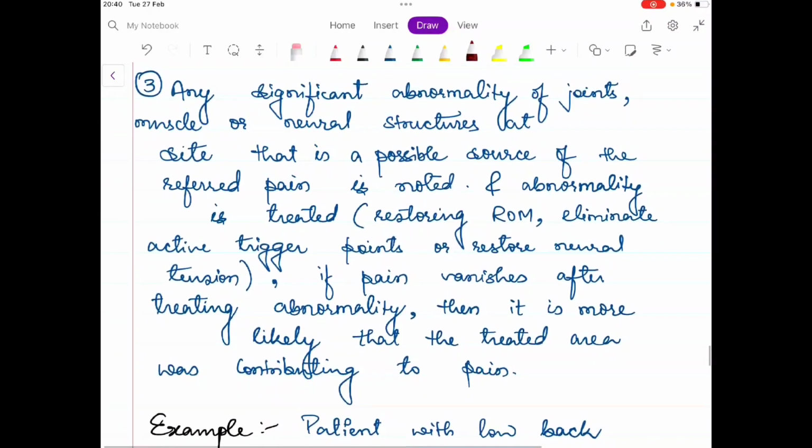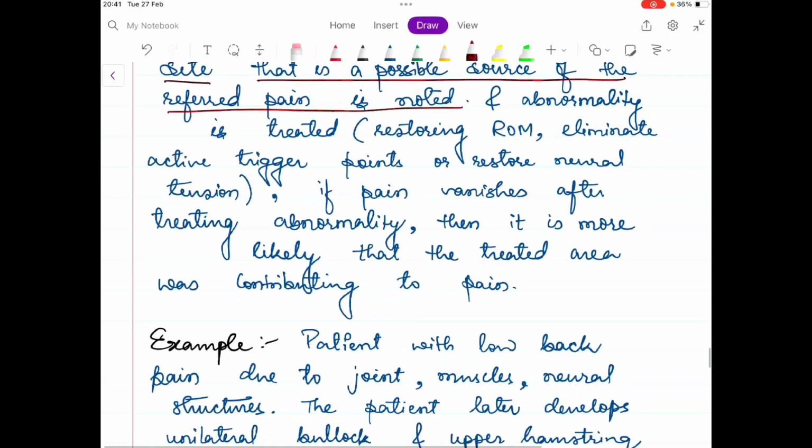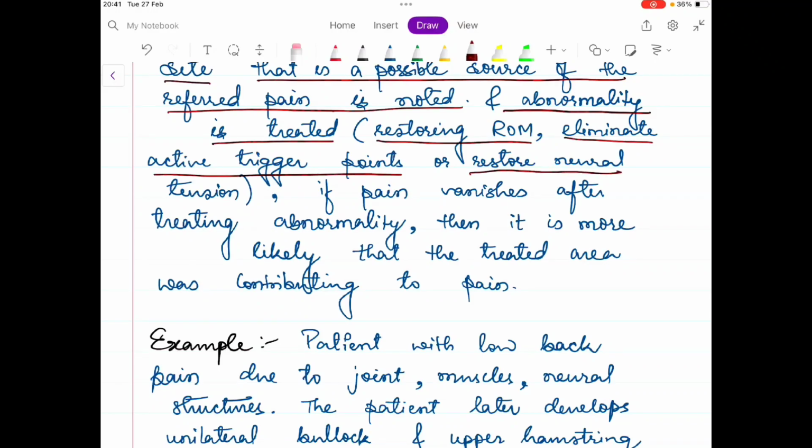Okay, third point, any significant abnormality of the joints, muscle or neural structures at the site that is a possible source of the referred pain is noted down. All right, and the abnormality is treated, such as restoring range of motion, eliminating the active trigger points, or restoring the normal neural tension.